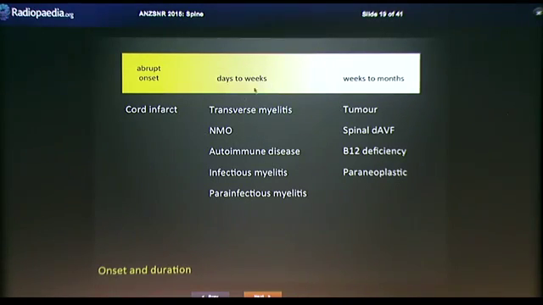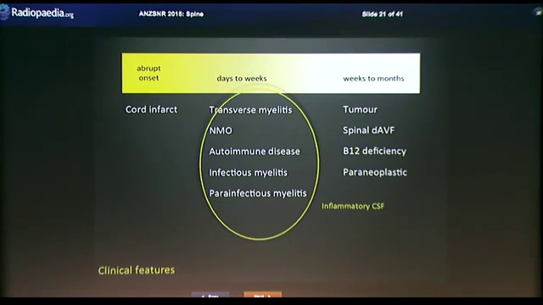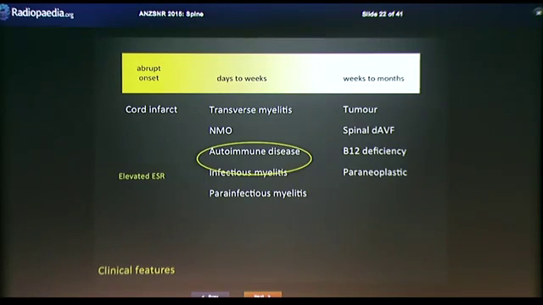Then days to weeks is really that group of transverse myelitises. And then if you've got a more chronic course, you start thinking about some of the other vascular causes, possibly infiltrative tumours, metabolic and paraneoplastic conditions. From there, any other clinical features can be used to help you work out what you think is going on and the most likely diagnosis.